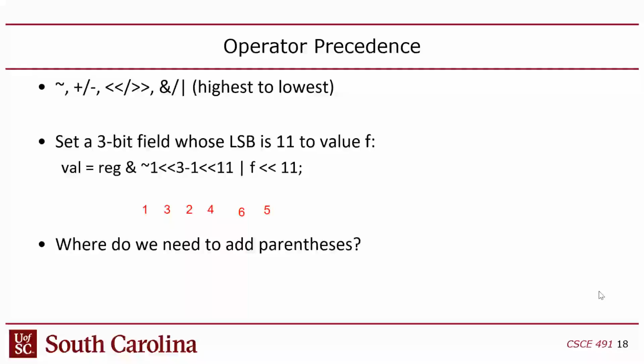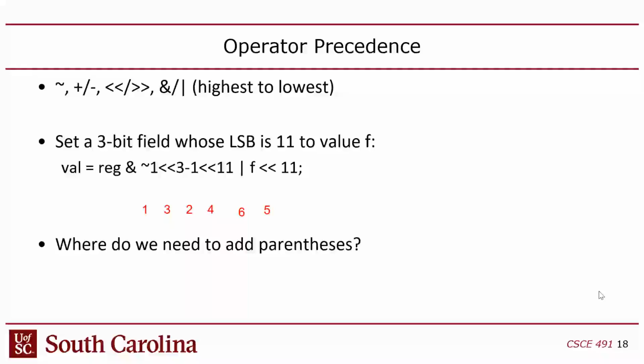The problem is it's not going to work, because if you look at the evaluation order, the tilde happens first, but that's not what I wanted. I wanted to take 1, shift it by 3, subtract 1, and then complement, right? But that's not what's going to happen. I'm going to tilde first. So I'm going to take 1 and complement the 1, then subtract 3 minus 1, which becomes a 2.